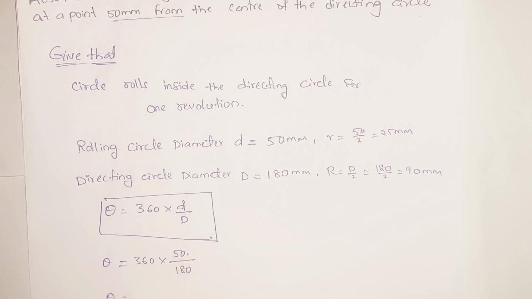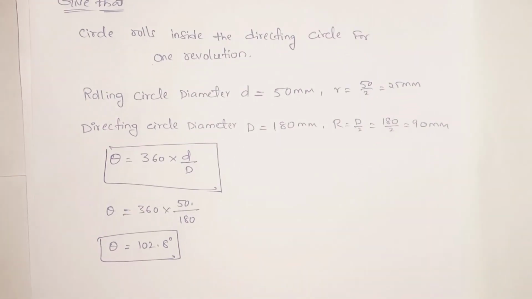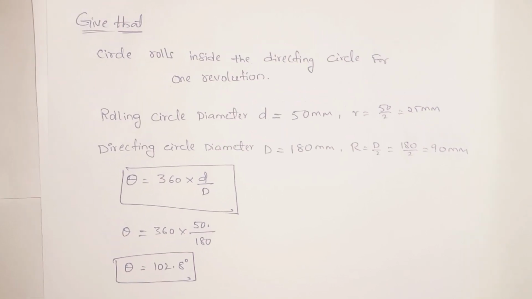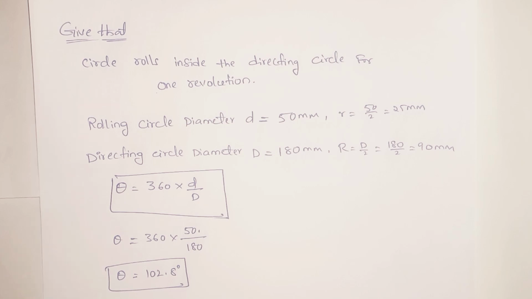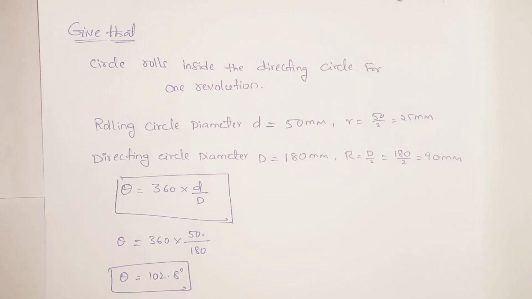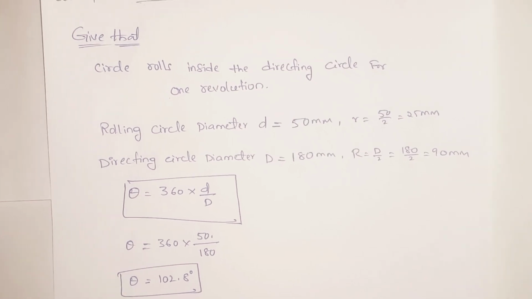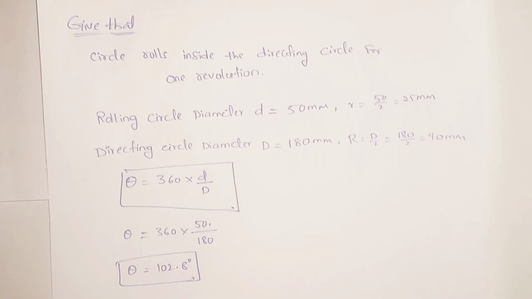Then we get the theta value of approximately 100.2 degrees. So we have written the given data, and now we have to draw the diagram with the same dimensions.